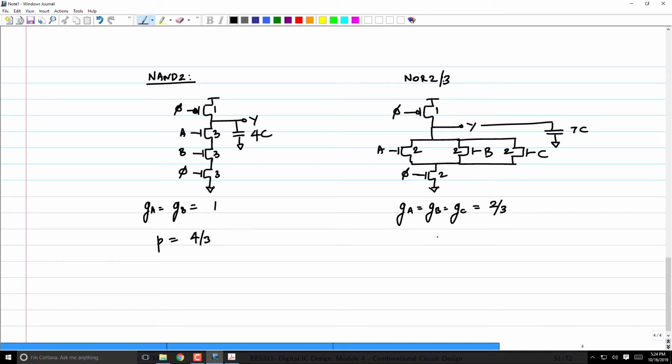So therefore here parasitic effort will simply be how much? 7/3. And of course, remember, I have not indicated explicitly, these are all only for pull down. I have said GA, GB, GC, it's actually GAD, GBD, GCD. Pull up is irrelevant in this case.